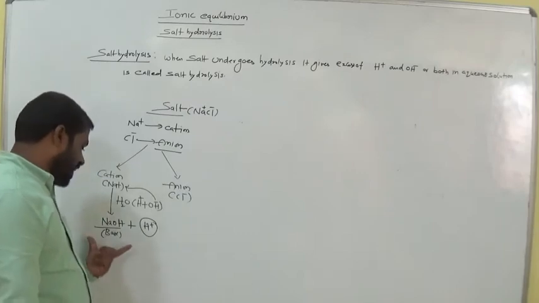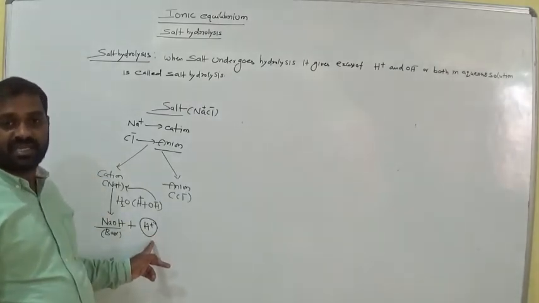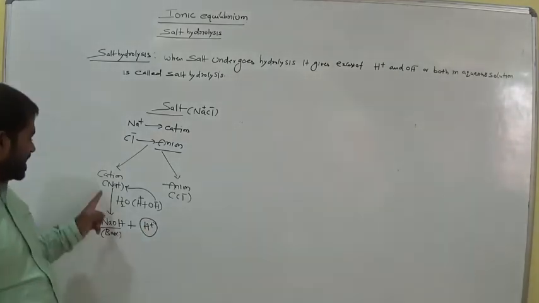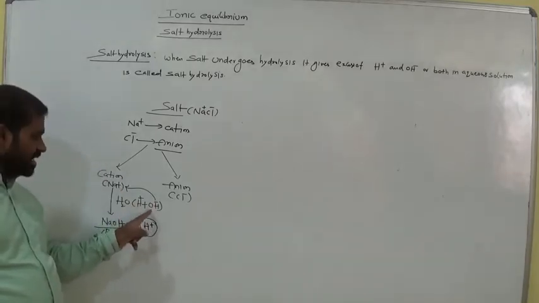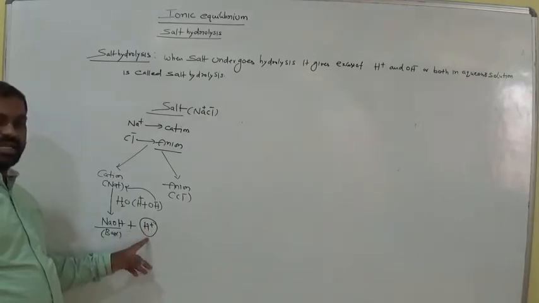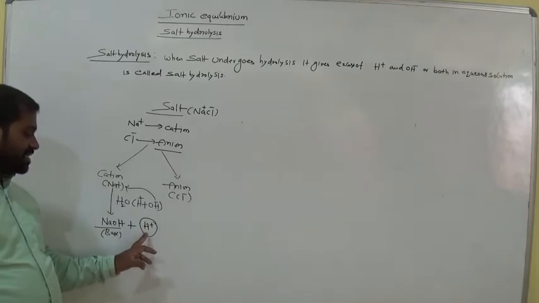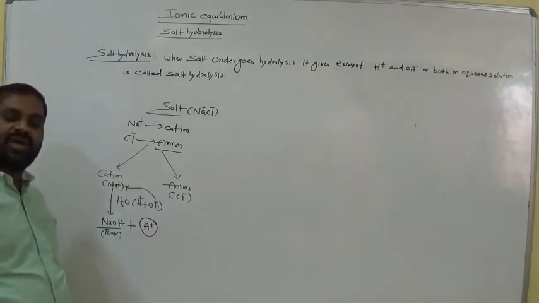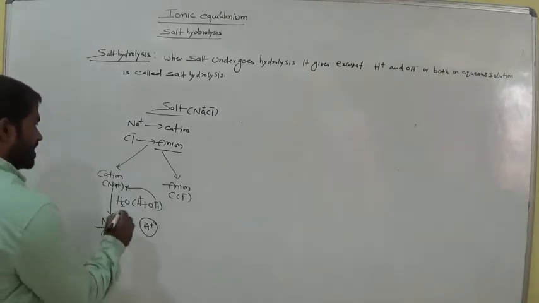The cation Na plus interacts with OH minus of water, and the remaining ions in the water are H plus, which are unreacted. So the solution consists of excess H plus. Now what is the nature of the solution? Acidic nature. Okay.